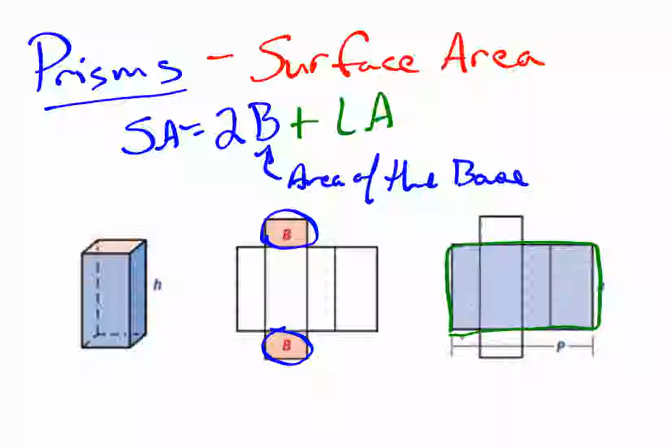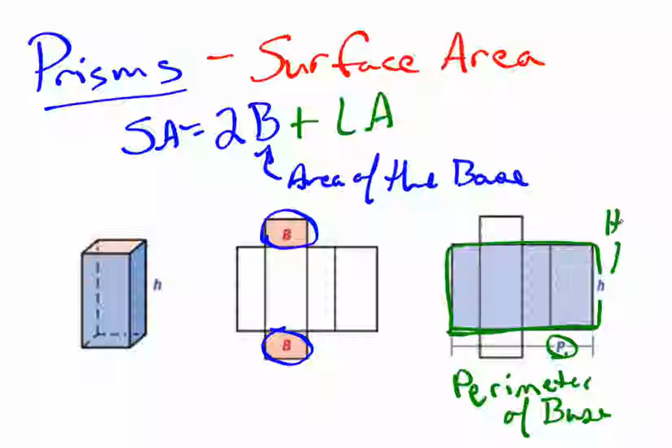Now that rectangle, the base of that rectangle is represented by P. The P stands for the perimeter of the base. And then there is an H back here underneath my drawing, and that H stands for the height of the prism.